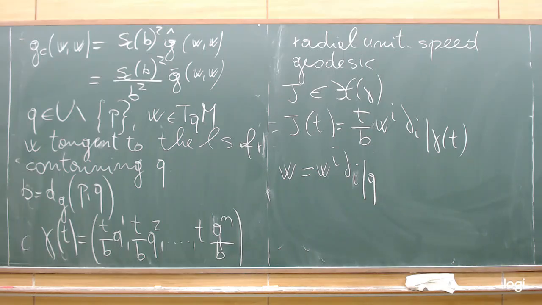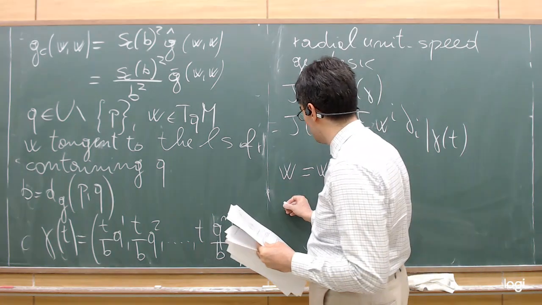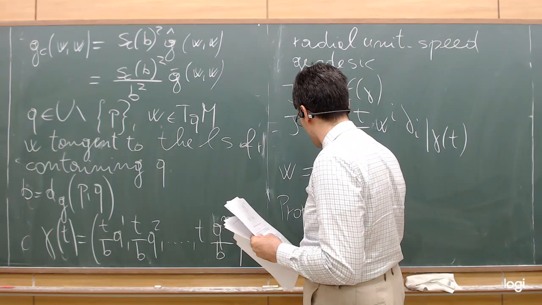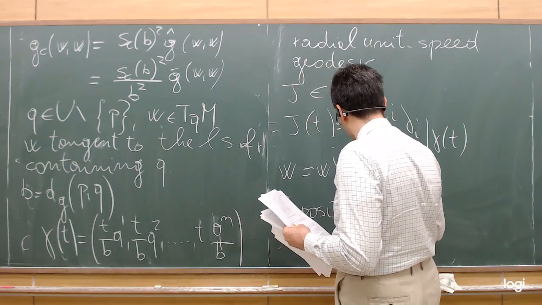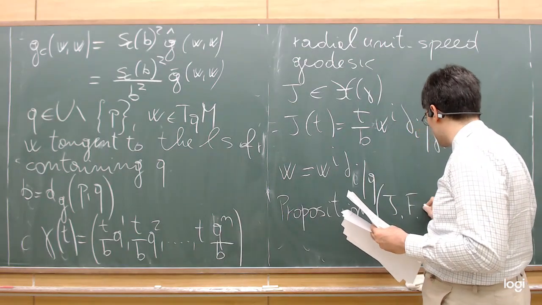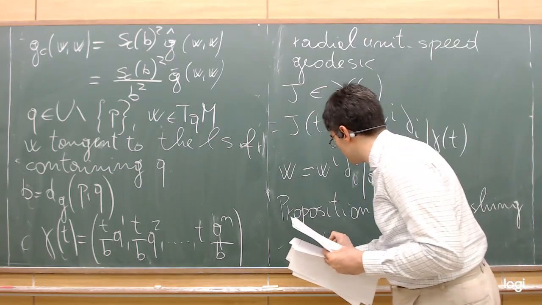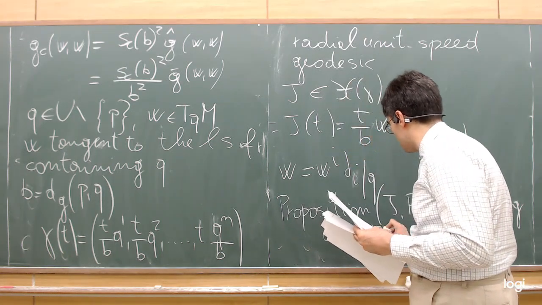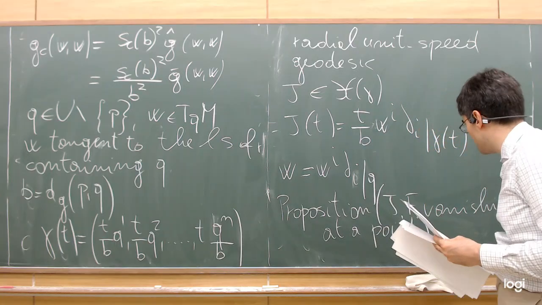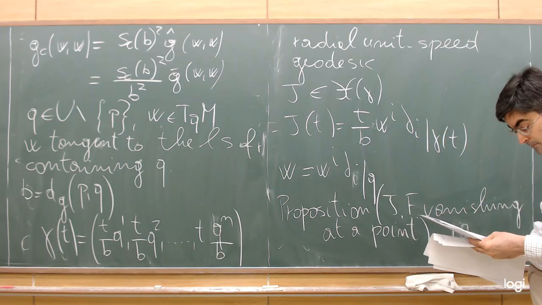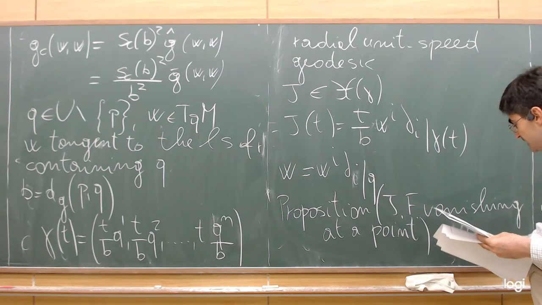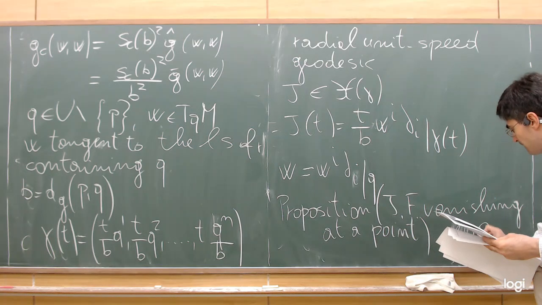Now we use the proposition about Jacobi fields vanishing at a point, number 10.10, correct? 10.10.